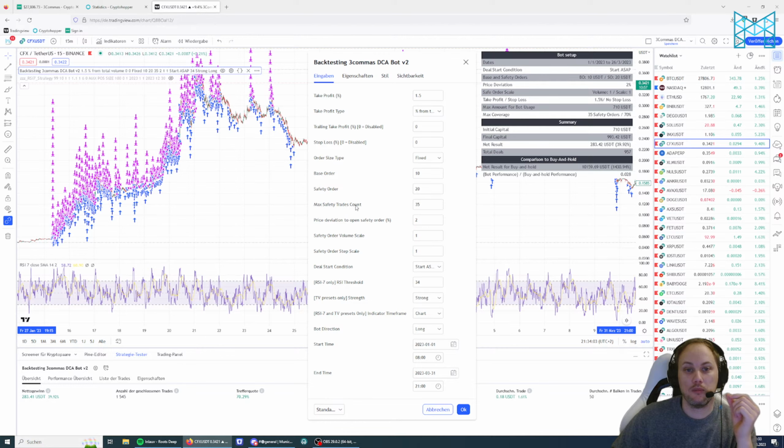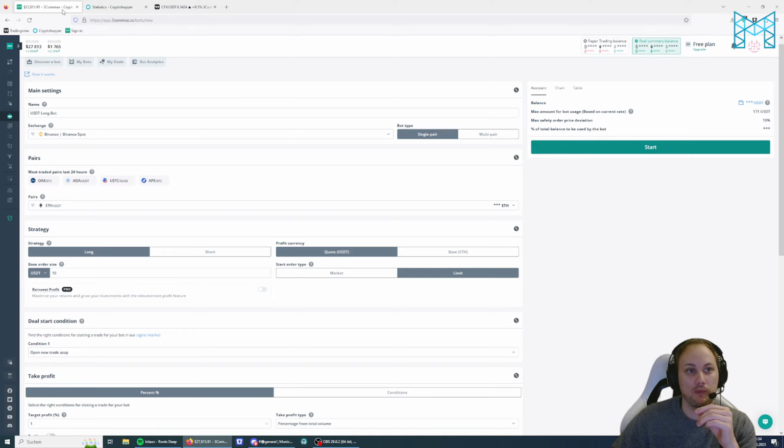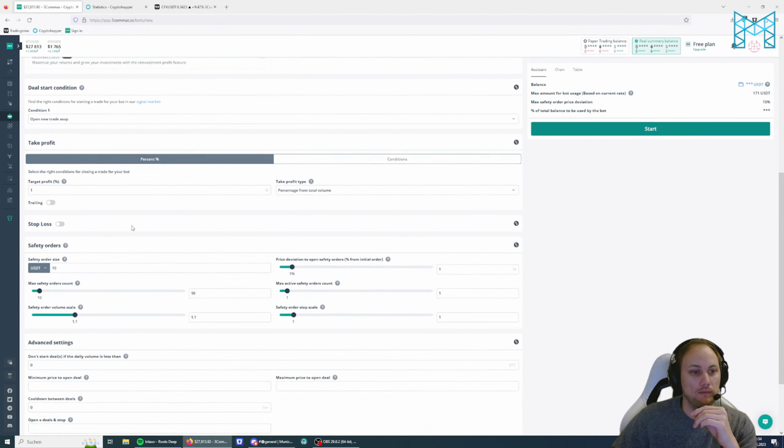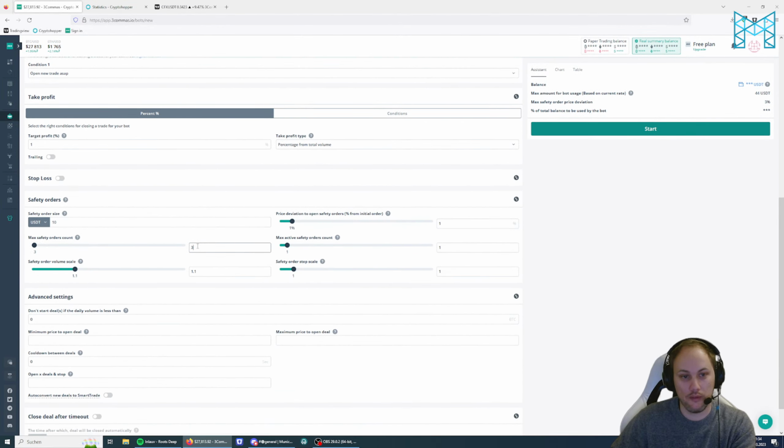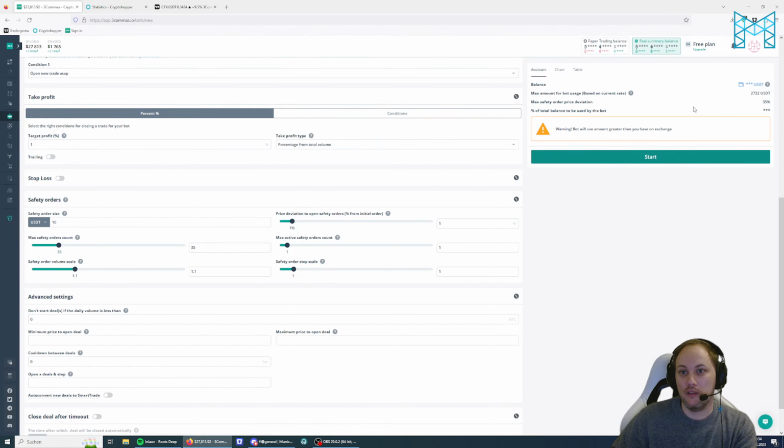Then the maximum trades count, so how many safety orders the bot can use, is 35. This is quite a high number of safety orders, but I also want to cover more fall downs. When I put in the settings here, like 35, you also see how much drop we can cover while still buying safety orders.